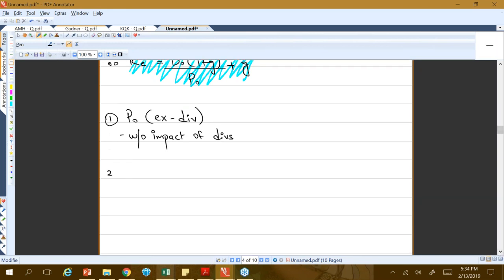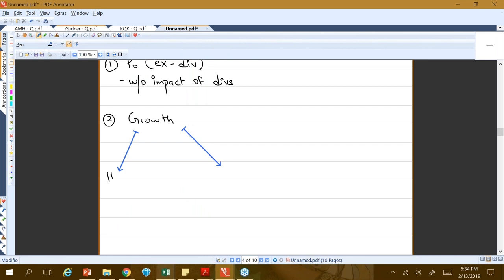The second thing that you need to be careful with is growth. Because when we think of the growth, we think of 2 ways in which we can work out the growth. The first way is the historic model. The second way is the Gordon's model.